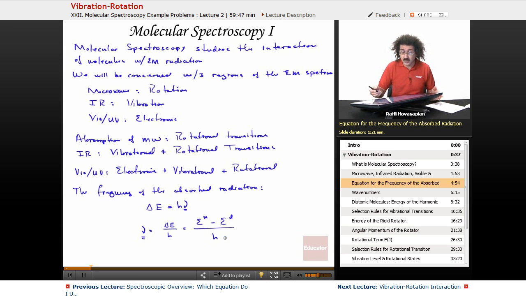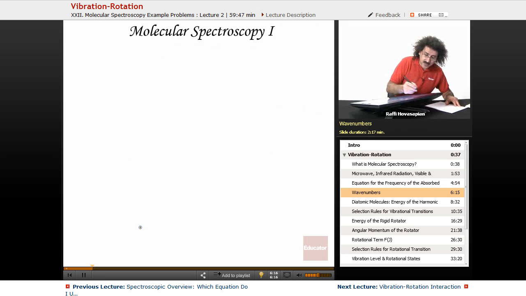So now we're going to use the energies for the rigid rotator, the harmonic oscillator, and the electronic energies to find this difference, because we want an equation for the absorption frequency. Now, in spectroscopy in general, frequencies are listed in something called wave numbers.